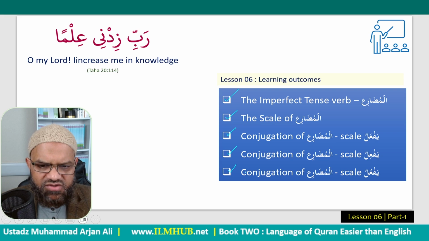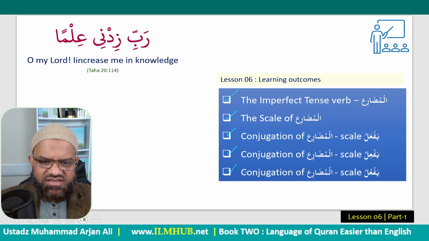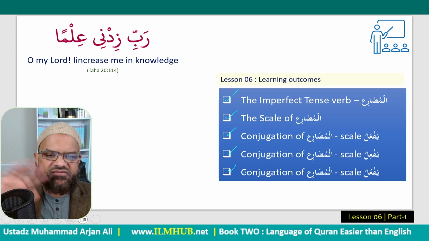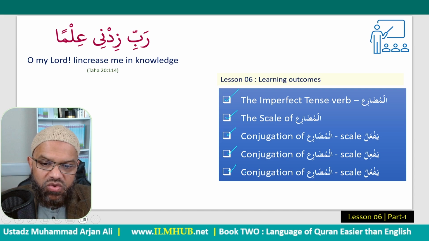You have a huge number of words, but it is this scale understanding, particularly for verbs and also derived nouns, which we're going to cover in this course. Again, remember, my object is not to try and get you to eat everything. We are only looking at that which is essential for you to begin to appreciate the Qur'an in Arabic. So this is an overview in this lesson. Inshallah, in the second part of lesson number 6, I will cover the essential additional points about the mudari.